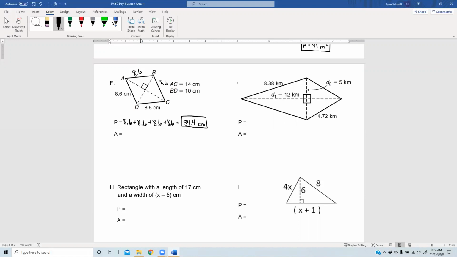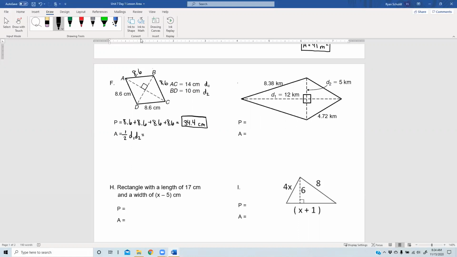Now, for our formulas for area, a rhombus is 1/2 diagonal 1 times diagonal 2. Now, notice they tell me AC. AC, that's a diagonal. It's 14. BD, hey, that's another diagonal. It's 10. They give me the diagonals.